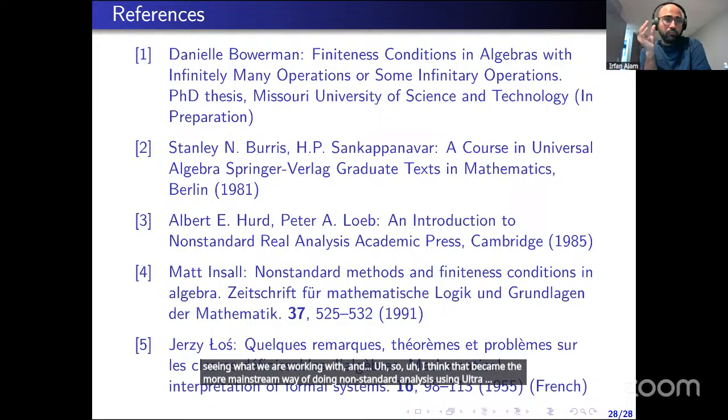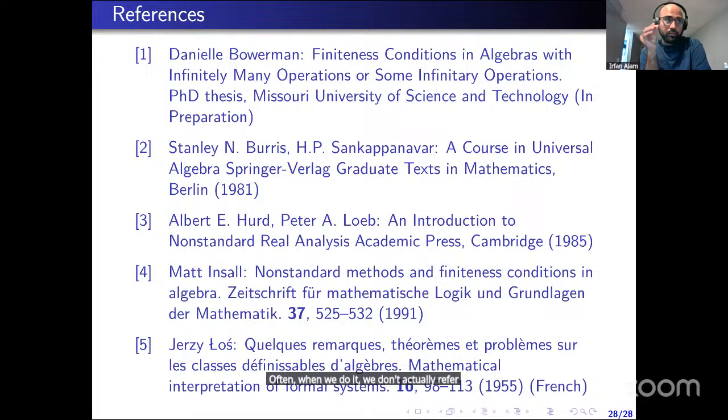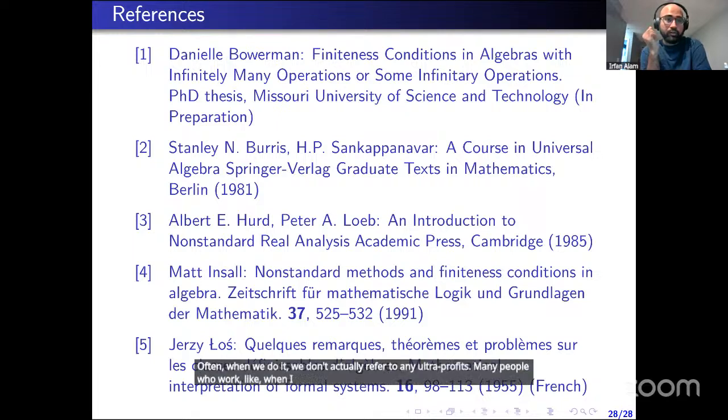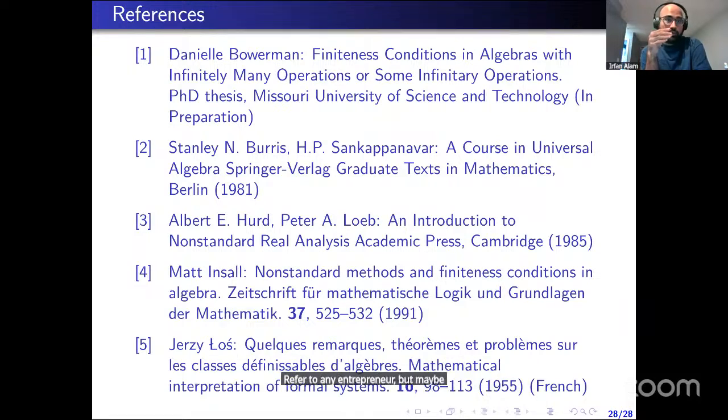Often when we do it, we don't actually refer to any ultraproducts. When I work with non-standard analysis, I don't actually refer to any ultraproduct, but maybe whatever non-standard universe I have been working with, one way to construct them would be using ultraproducts.